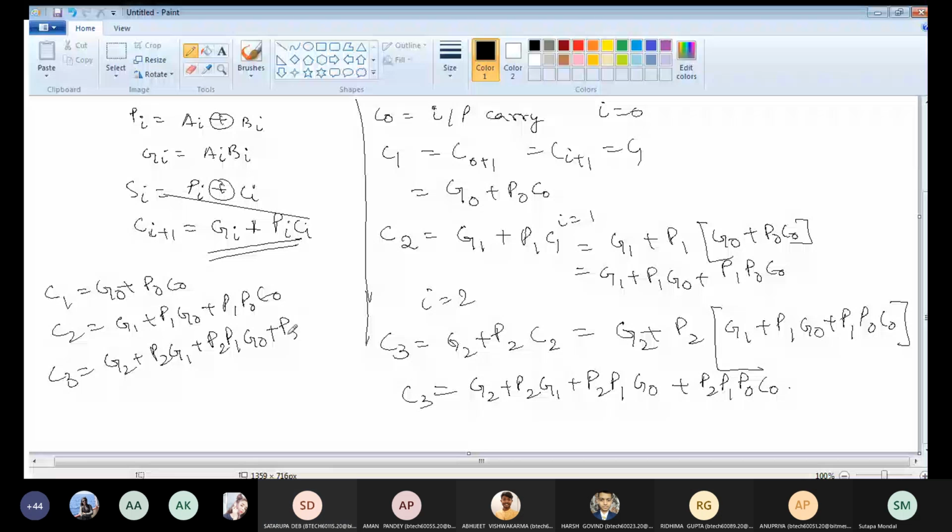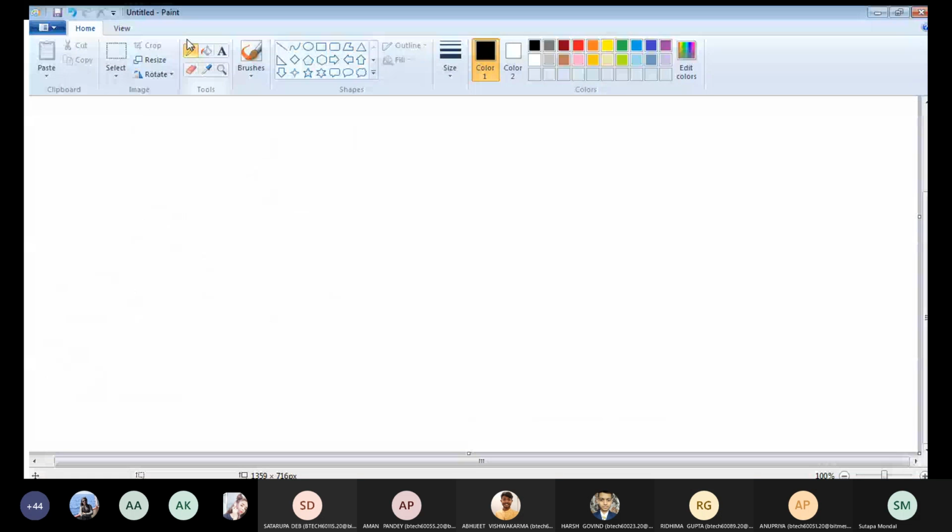Okay, so now can you draw the expressions for this diagram? I need one more page for the diagram. Okay, now we will draw the diagram for this.